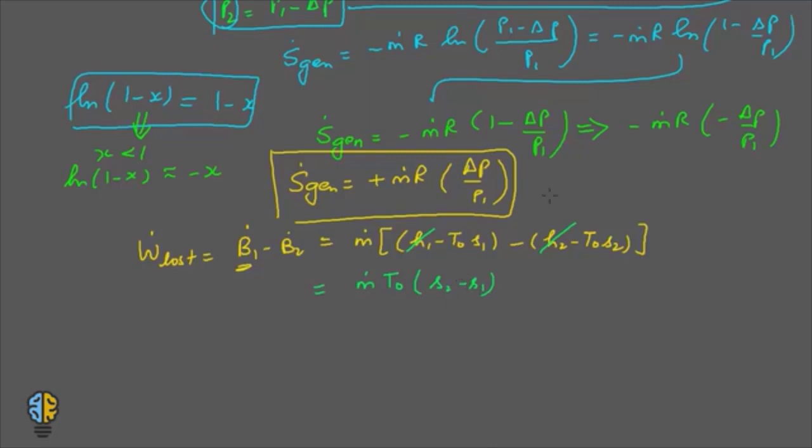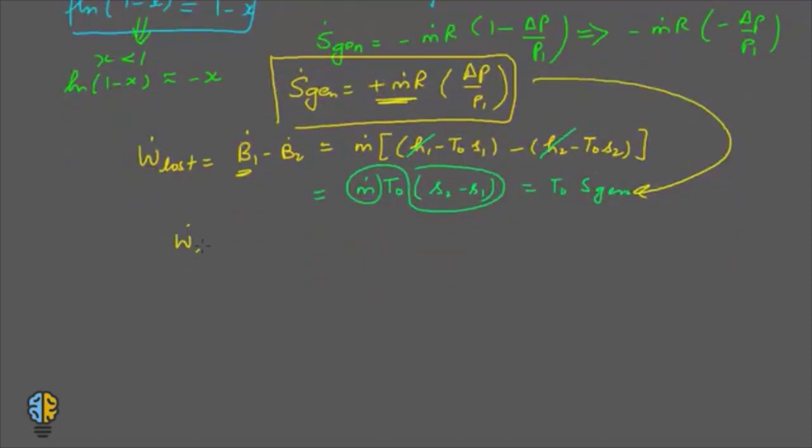If you look at this part, this is nothing but the entropy generation rate, and from our analysis the entropy generation rate is m dot R into delta P upon P1. So the value of the work lost in case of a flow with friction is equal to T naught into m dot R into delta P upon P1.